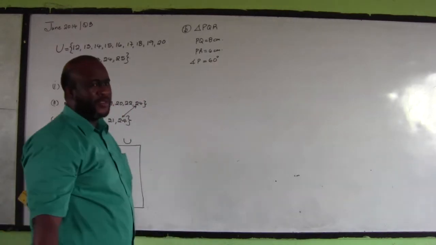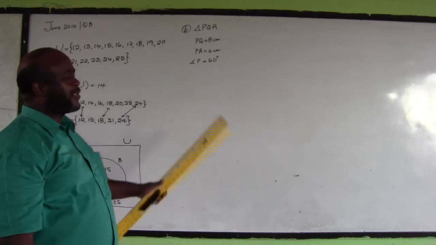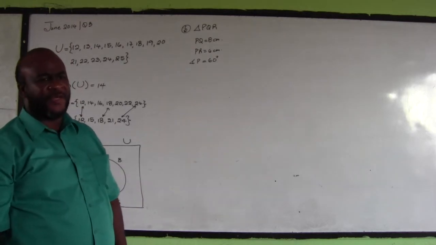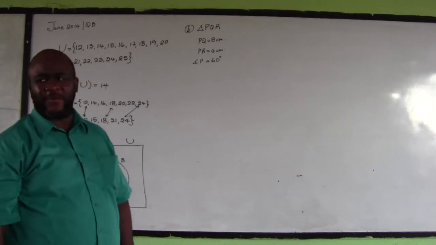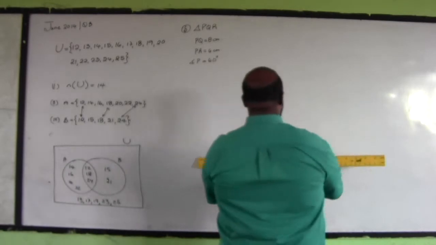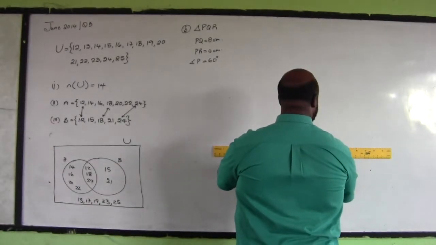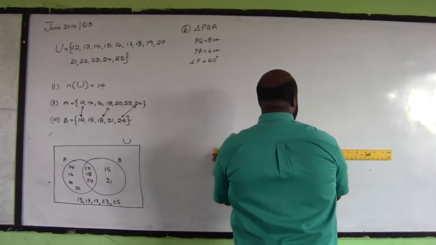It's not difficult. You're being asked to construct a triangle given the length of two sides and the included angle. I usually start by drawing the longest side. What is the longest side? PQ. So let's start by drawing PQ.